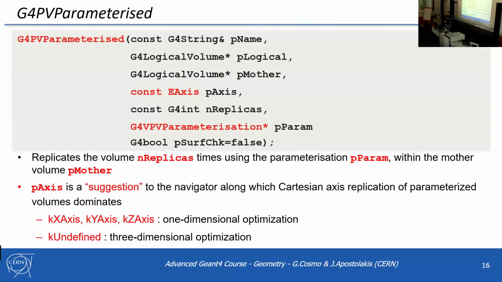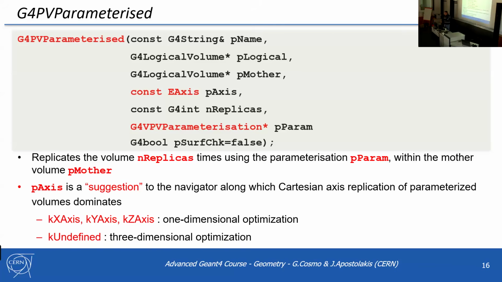This is, of course, not mandatory, in the sense that if you are not sure what hint to give, you can simply put the key undefined, and in this case, the system will, by default, apply a three-dimensional optimisation. Okay.